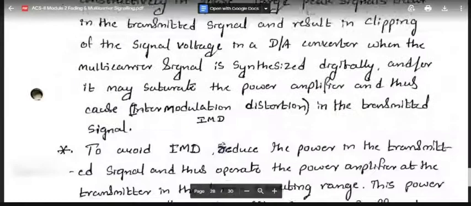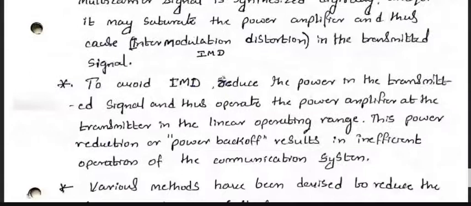To avoid this intermodulation distortion, we need to reduce the power given to the transmitted signal, and thus operate the power amplifier at the transmitter in the linear operating range.